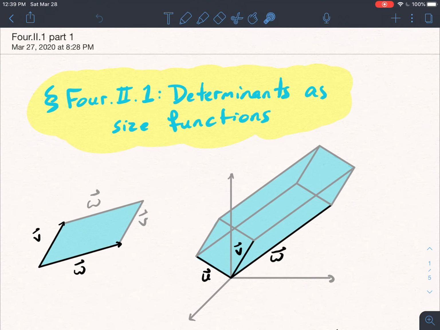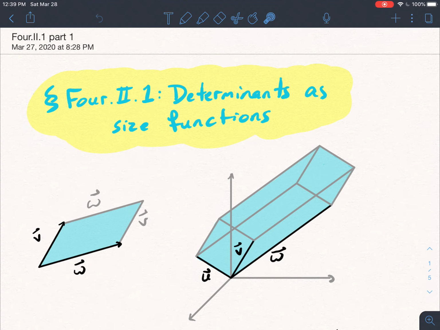And so from these two vectors, v and w, we can form a parallelogram here. We could form a box just by taking parallel copies of your vectors and forming this box here. And then similarly, you could do the same thing in any dimension.